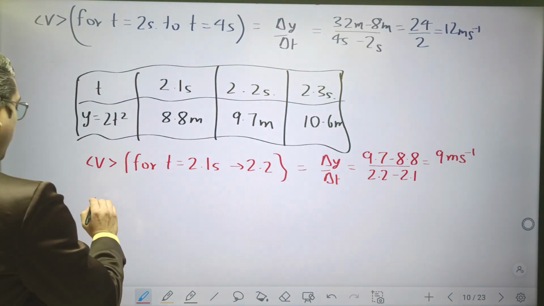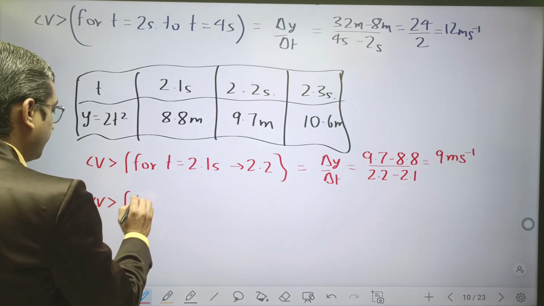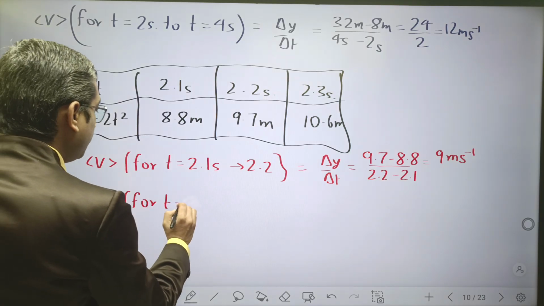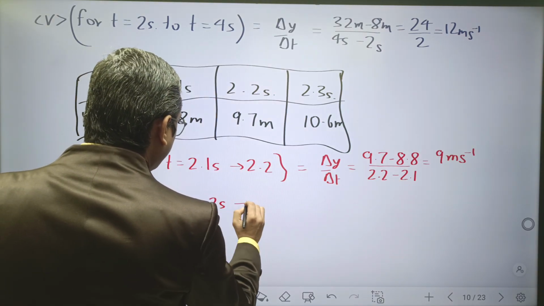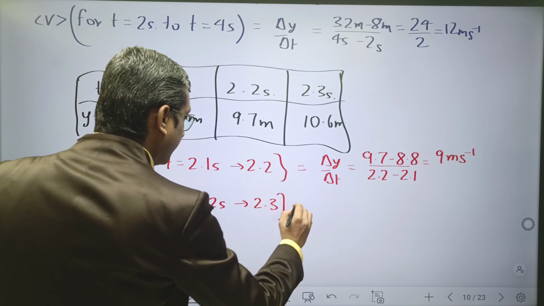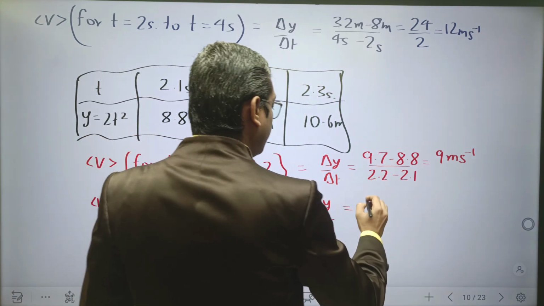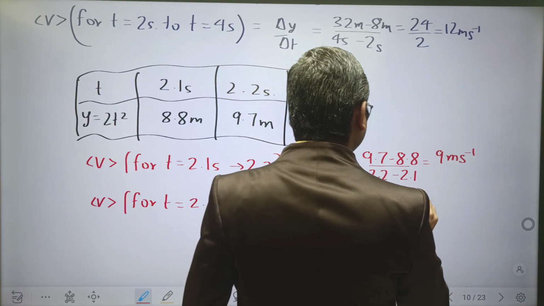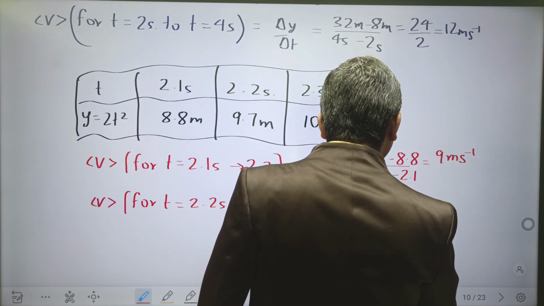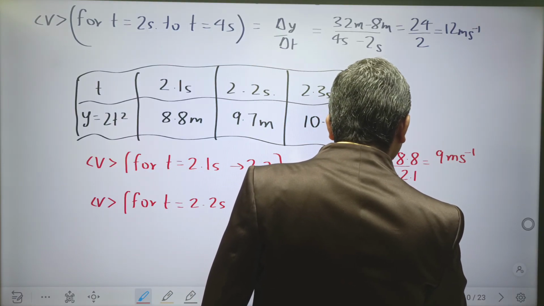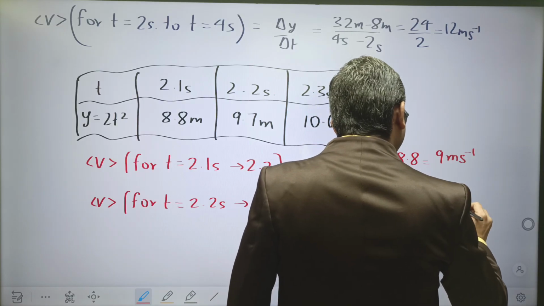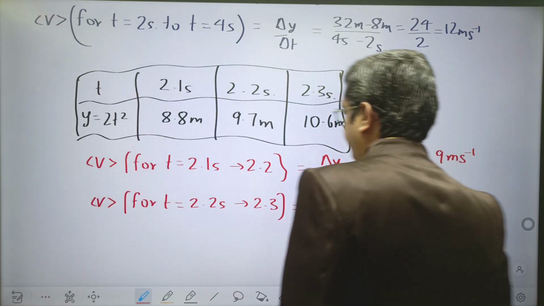Isn't it? And in the second case, average velocity for t equal to 2.2 second to 2.3 second. Again, this is delta y by delta t. So this will be 10.6 minus 9.7 divided by 2.3 minus 2.2. So it is also equal to 9 meter per second.